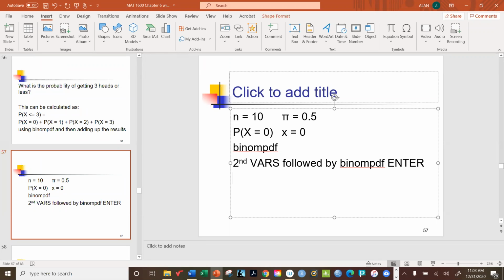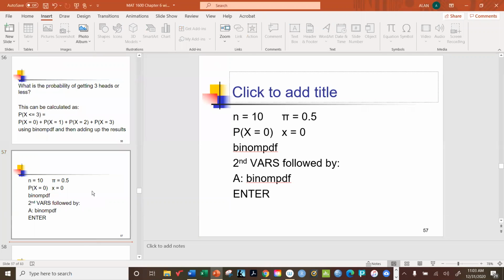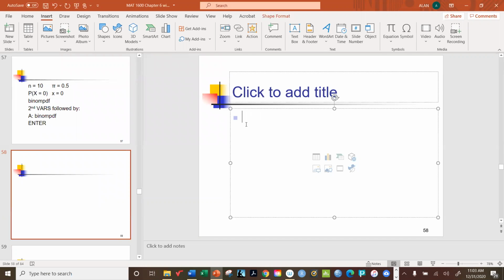So let's go do that. Second VARS, Binom PDF, which on my calculator is A. Then hit enter.